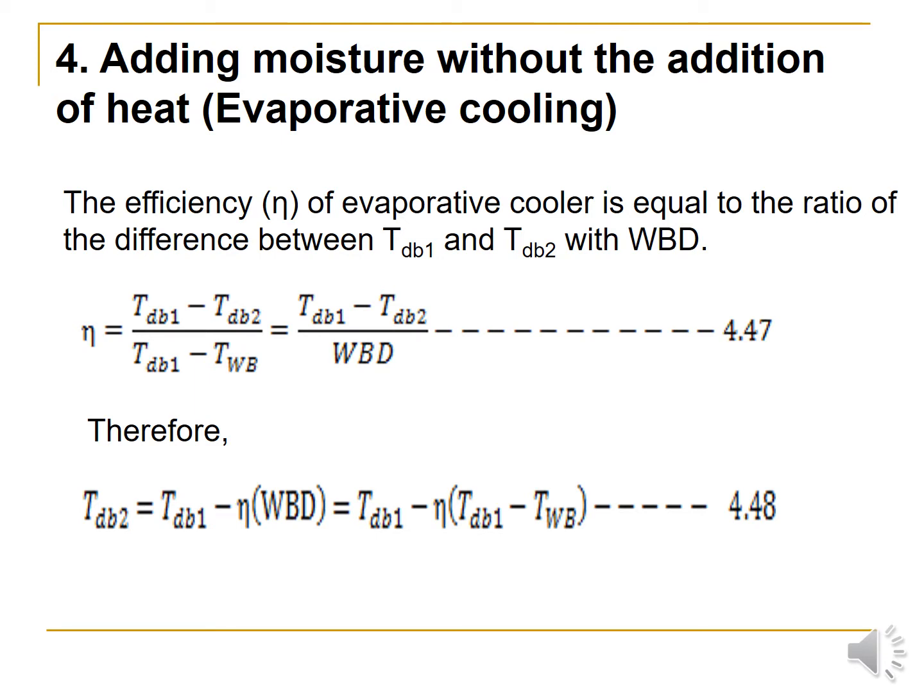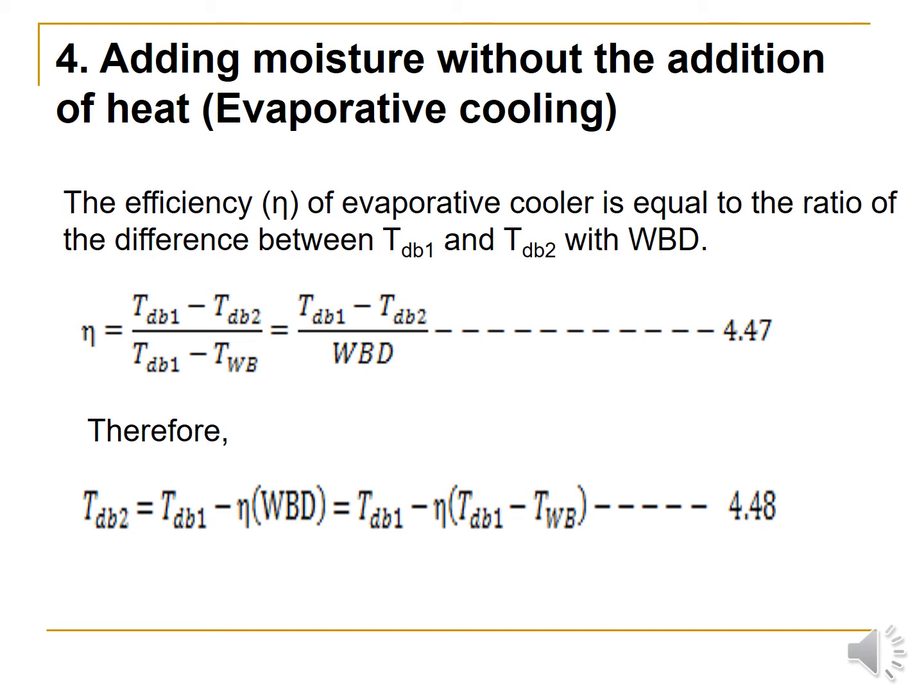The efficiency of an evaporative cooler is equal to the ratio of the difference between dry bulb temperature 1 and dry bulb temperature 2 to the wet bulb depression. So mathematically, efficiency is equal to (dry bulb temperature 1 minus dry bulb temperature 2) divided by (dry bulb temperature 1 minus wet bulb temperature), or (DBT1 minus DBT2) divided by wet bulb depression.